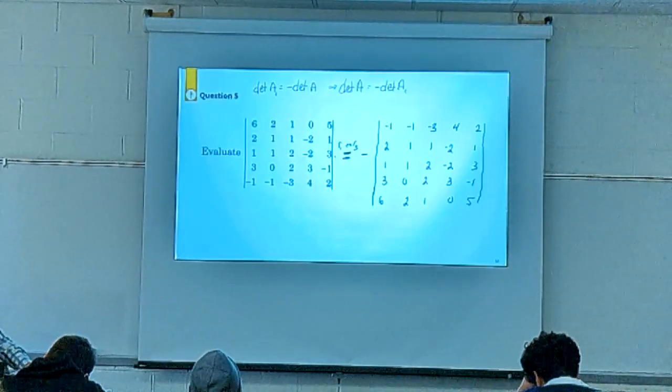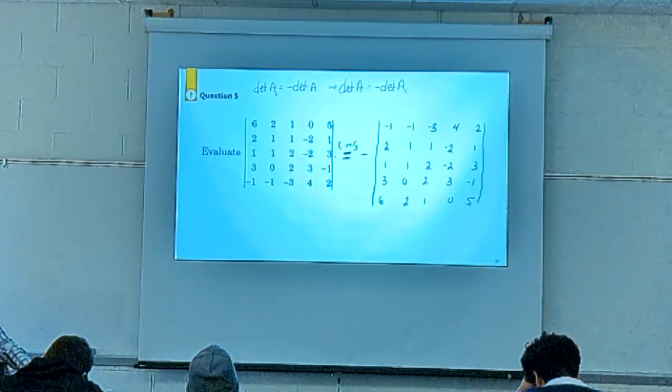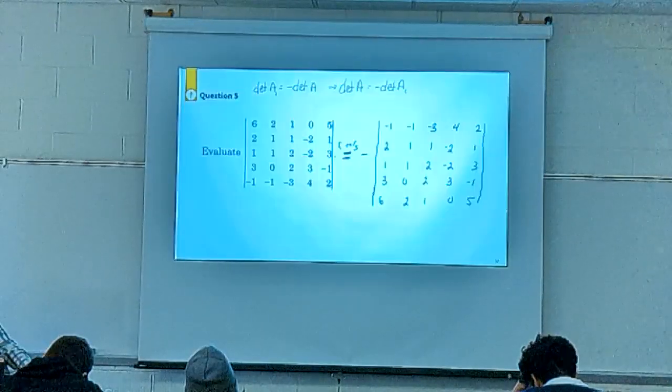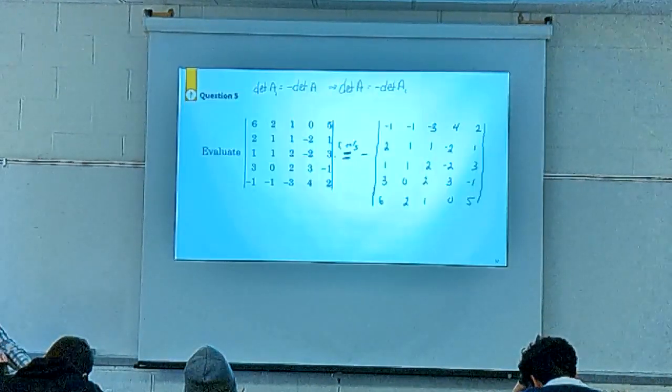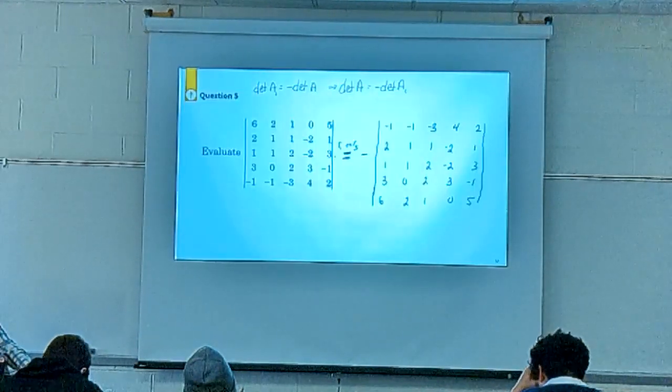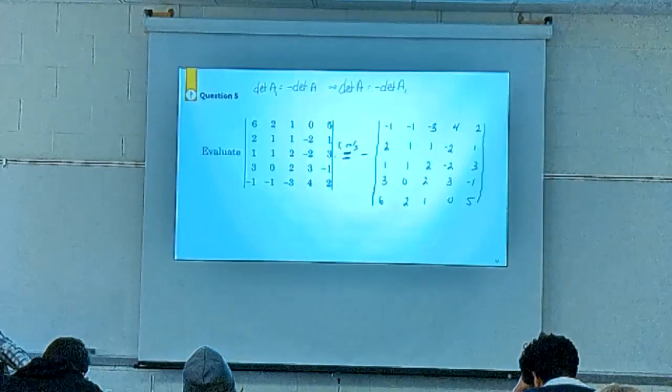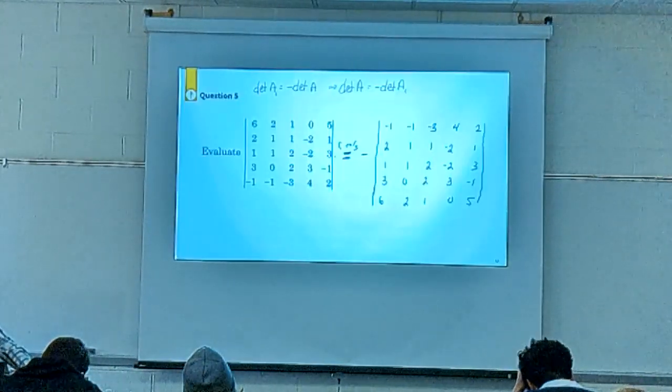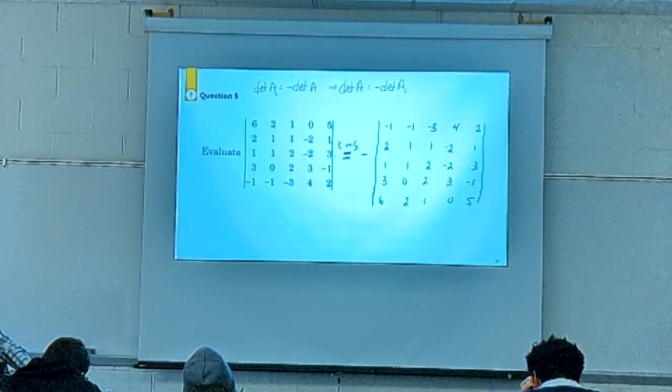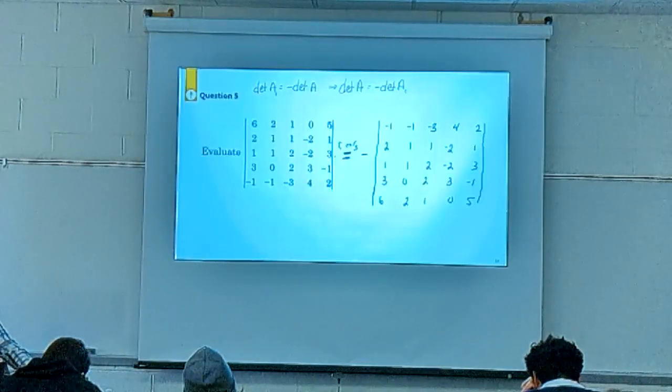Then negative 6 plus 1. Eight minus 2. 4 plus 1.